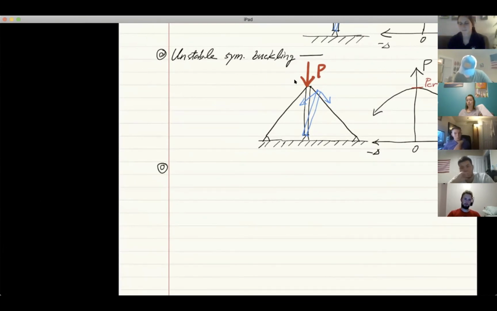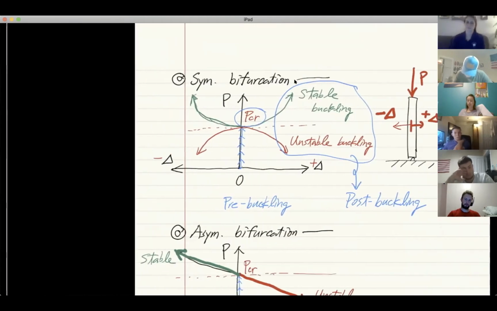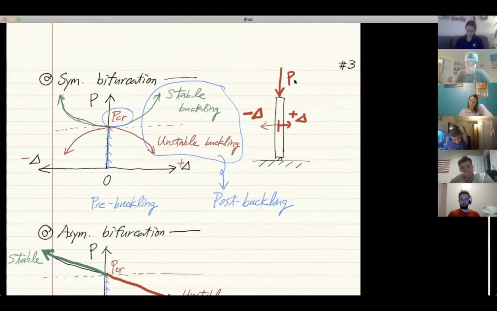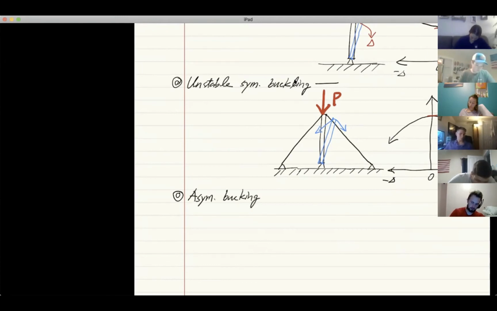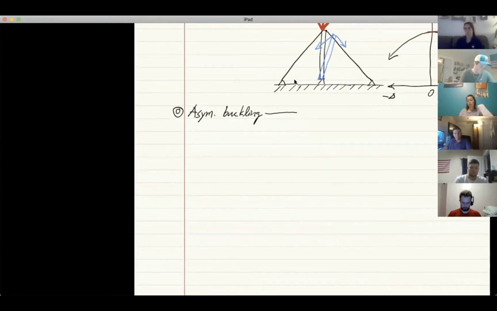The next case, what did I talk about before? Okay, asymmetric buckling. What is the example of asymmetric buckling? In asymmetric buckling, one example is the buckling of a portal frame like this.